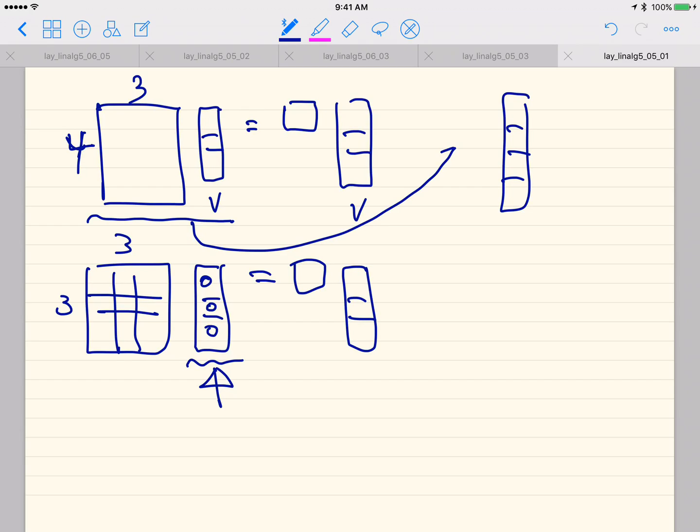Now let's think about another special case. Another special case is about the scalar multiple value. We have some non-zero vector here, and can this scalar multiple be zero? Zero as a scalar value.